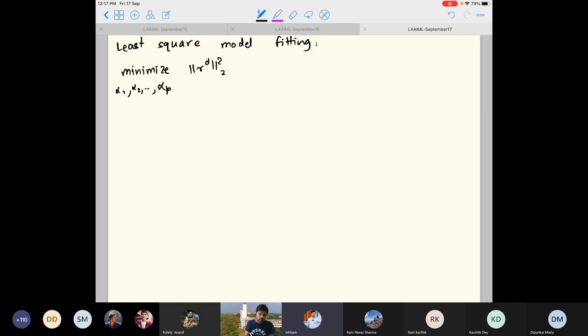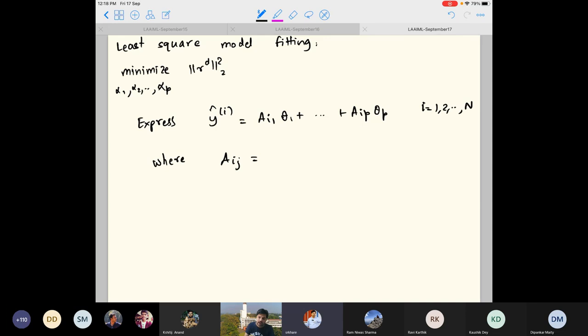So what I am going to do now is express these things. Express y hat of i, the ith prediction. Suppose I write it as a i1 theta 1 plus so on so forth plus a ip theta p, for i equal to 1, 2 up to capital N. Then clearly I have to define what these aips are.